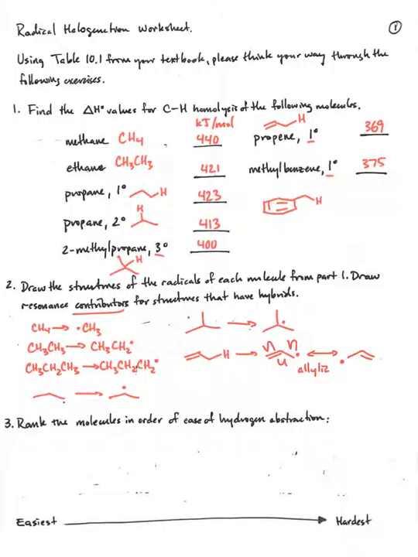And finally, we're going to do the methylbenzene, which is toluene. Again, when this cleaves, what is formed is a primary radical. In this case, it's called benzylic. And this has resonance stabilization as well.